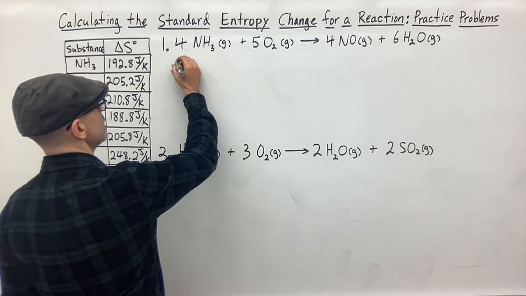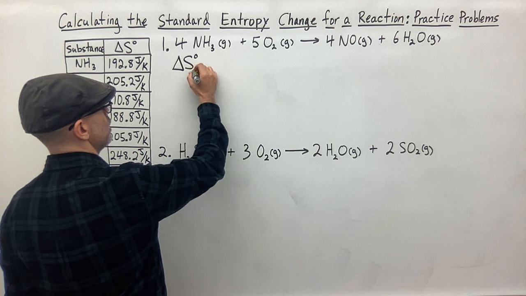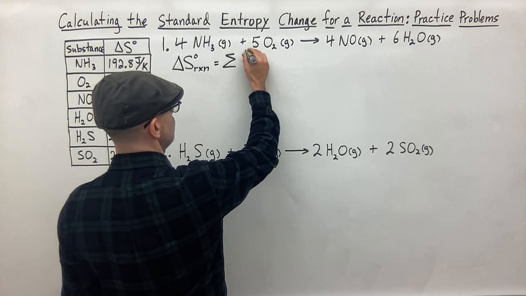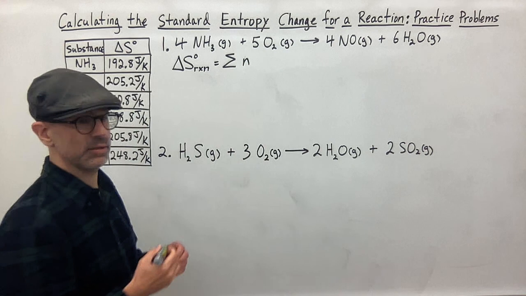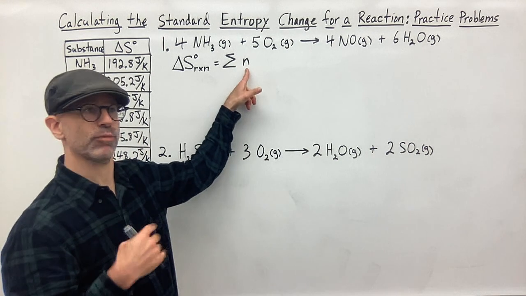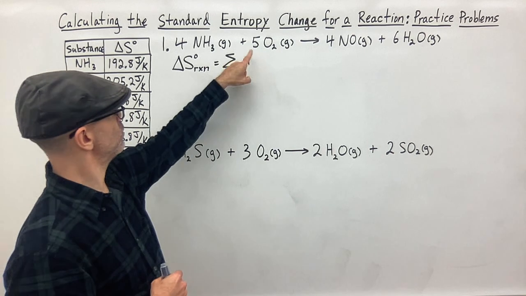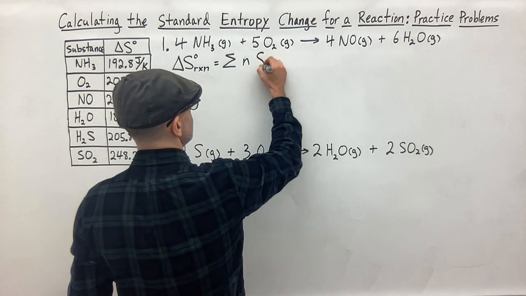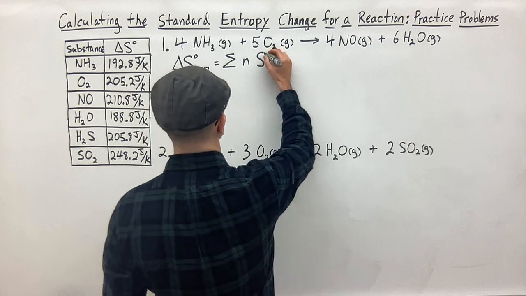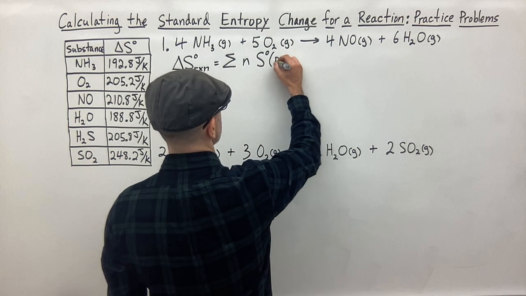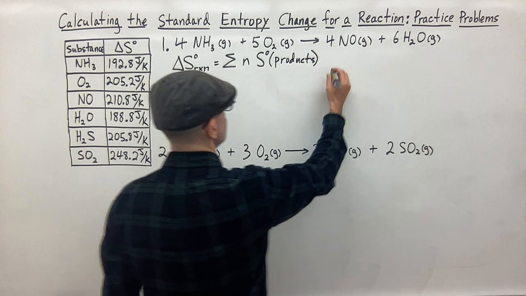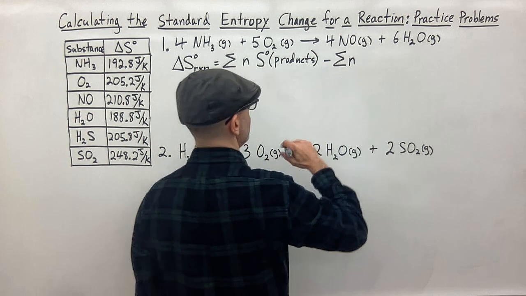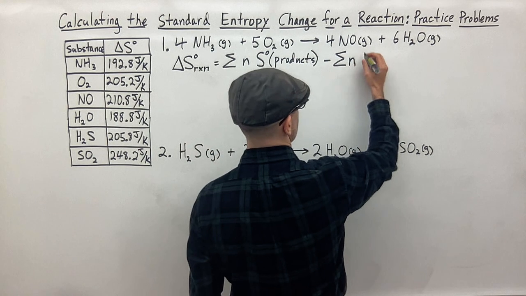The standard entropy change of a reaction is equal to the sum of n, the coefficients in front of the compounds, multiplied by the standard entropy for the products, minus the same thing: the sum of all of the entropies of the reactants multiplied by their coefficients.